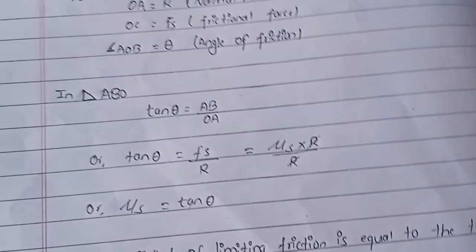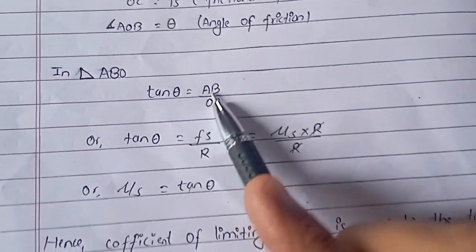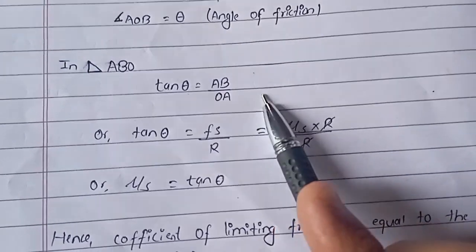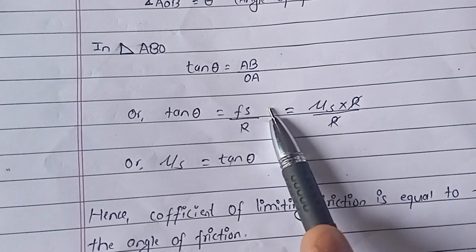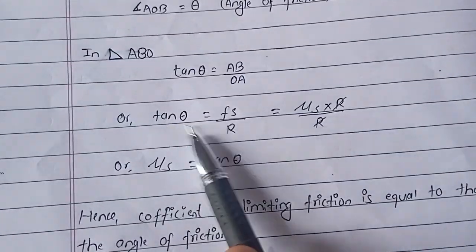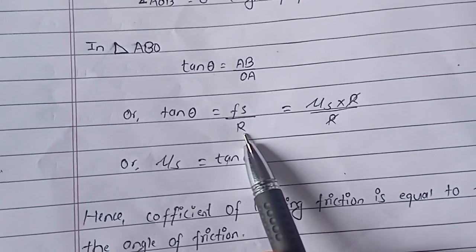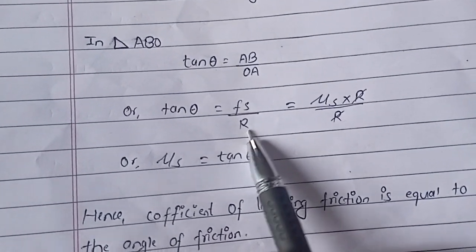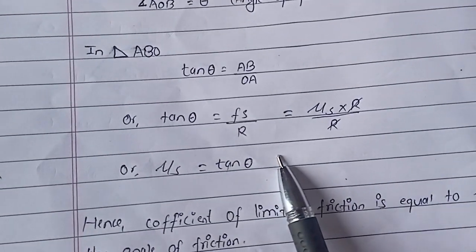So let's go to the derivation. Tan theta is equal to AB divided by OA, so tan theta equals Fs upon R, that is, frictional force upon normal reaction.